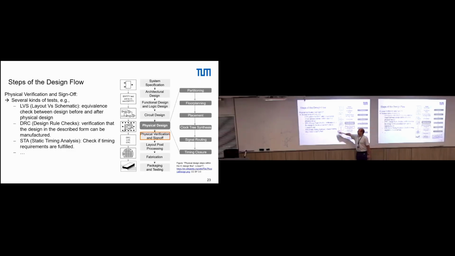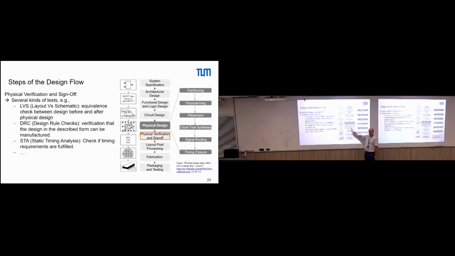This is a check you usually require, or another check is layout versus schematic. A similar check can also be done between schematic versus the RTL design. The purpose of this is, you implement something, your simulation tells you it does what you expect it to do. Then you press your button for synthesis, for layout, and you end up with a layout.